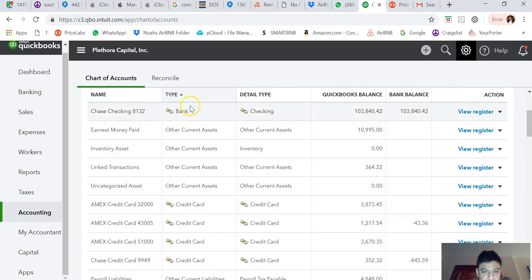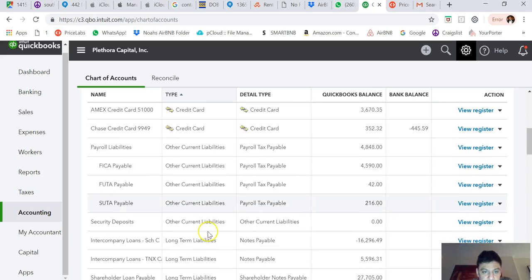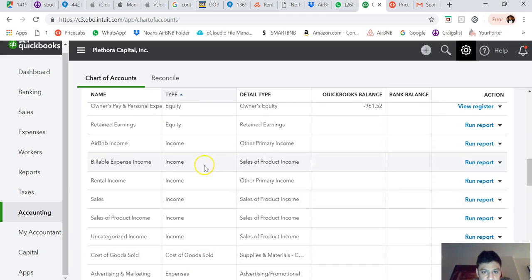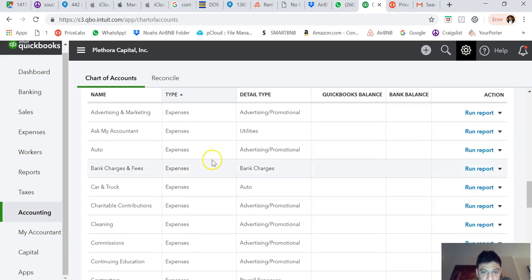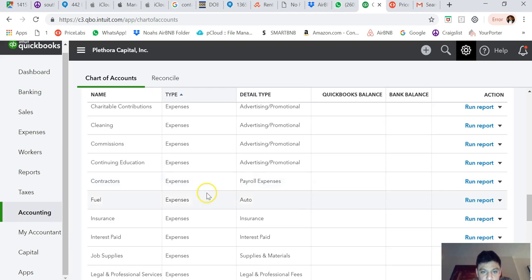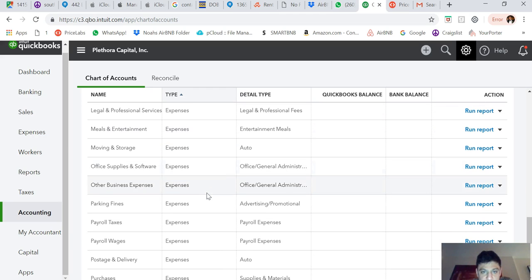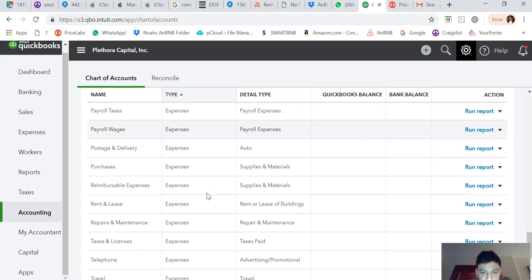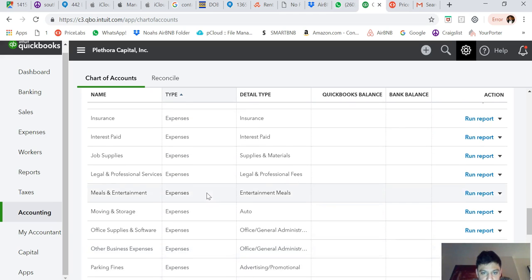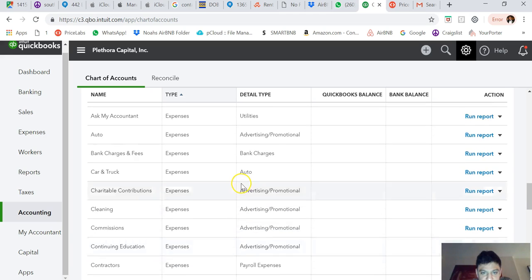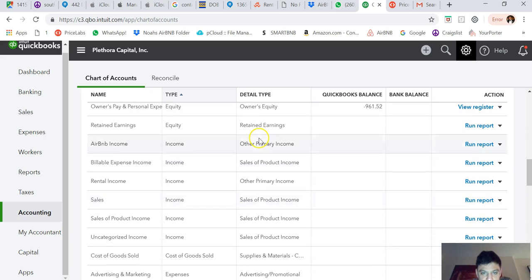These are the different accounts on the balance sheet. So, different expense accounts. You can look at all the expenses related to one. For example, all of the expenses related to, you know, some of these categories I created.